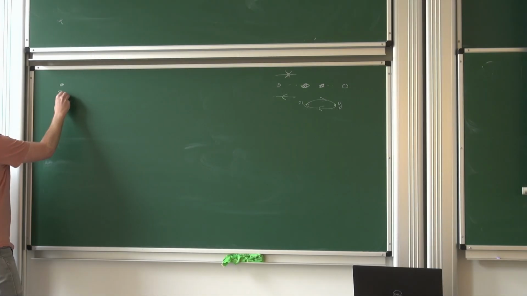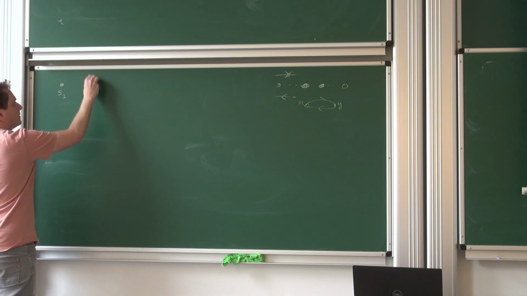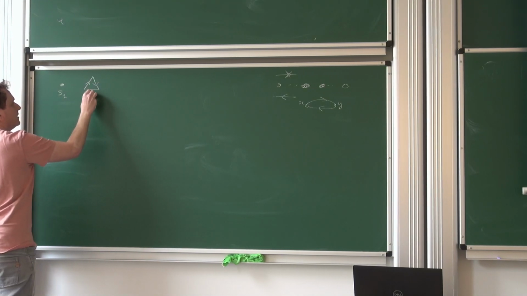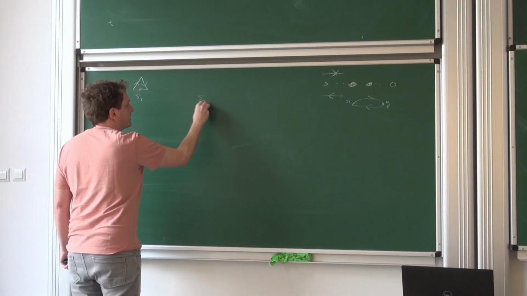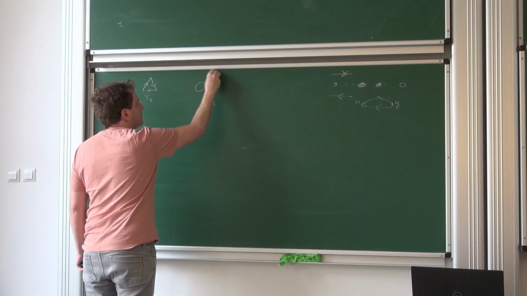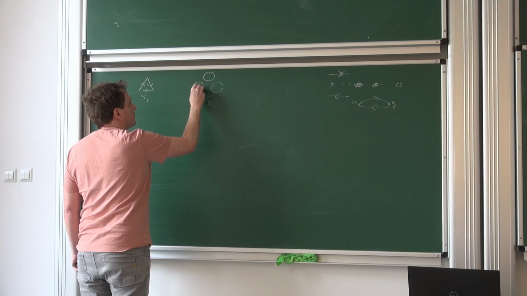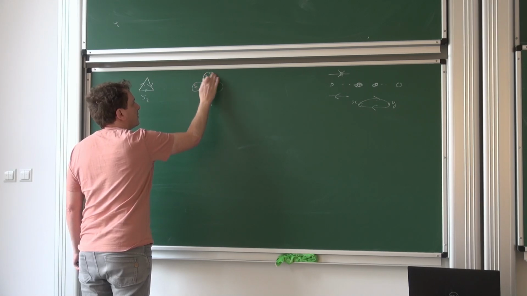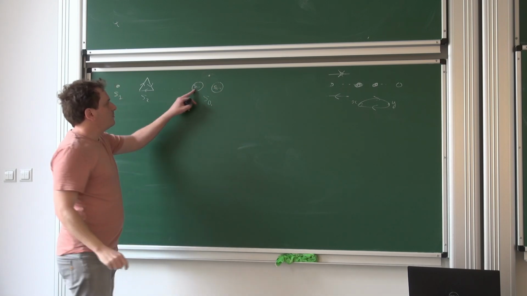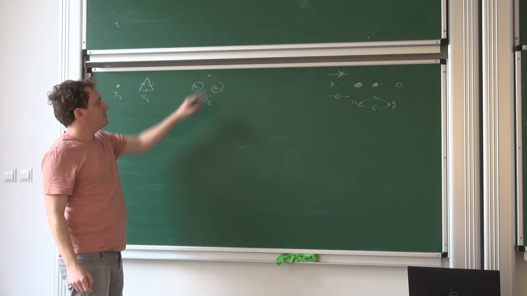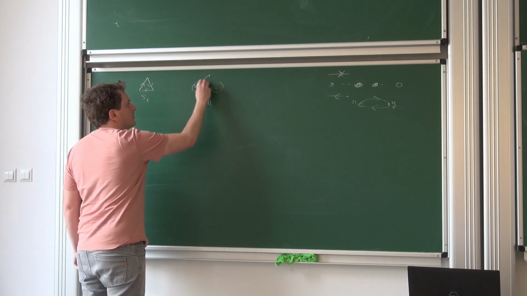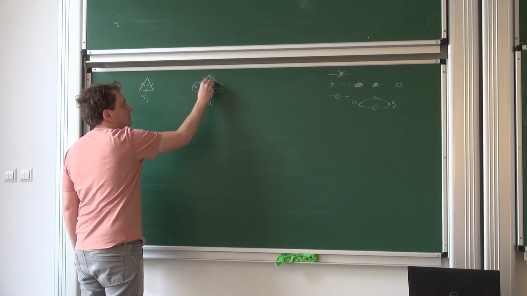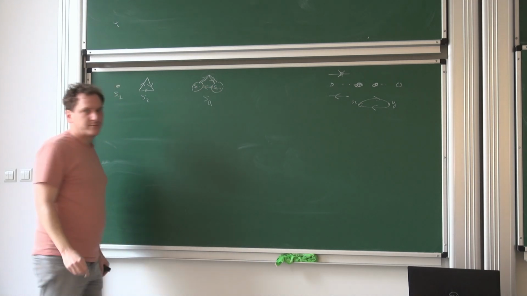So S1 is just a vertex, S2 is a directed triangle, and then you define S_k recursively. You take 2 copies of S_{k-1} plus a vertex, and you organize them in a triangle fashion. So you put every arc like this, every arc like this, and every arc like this.